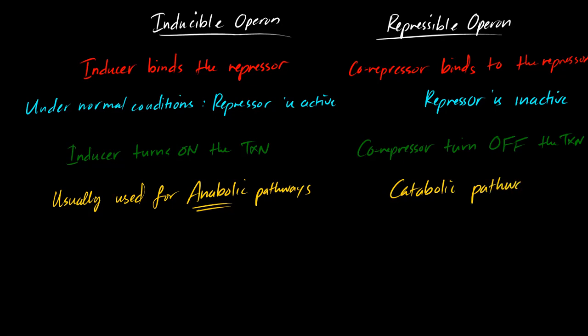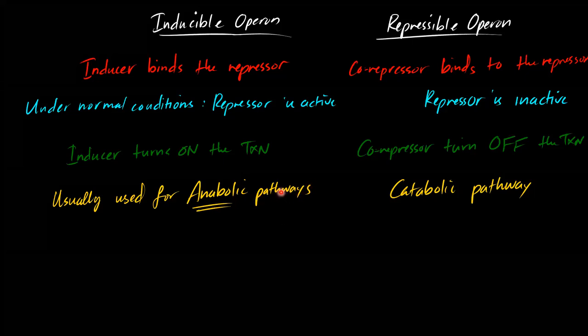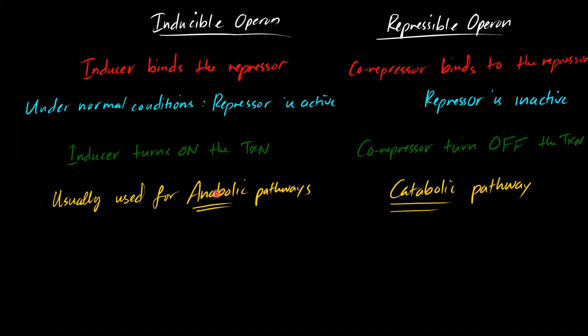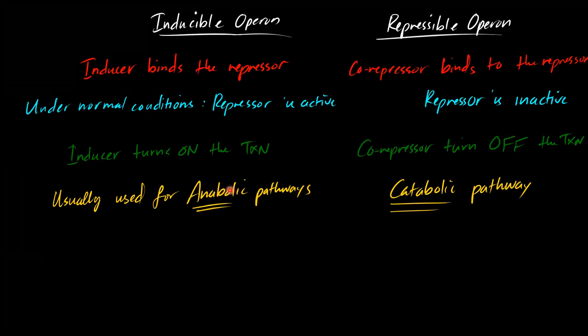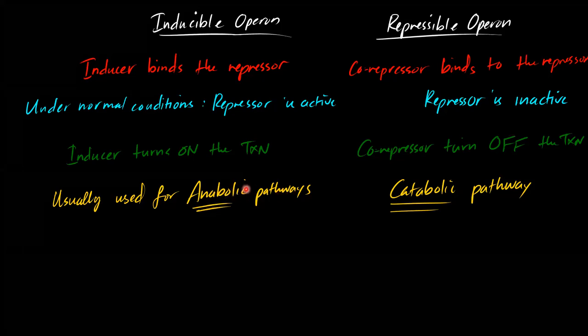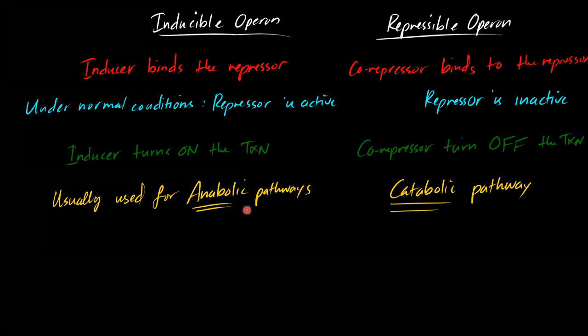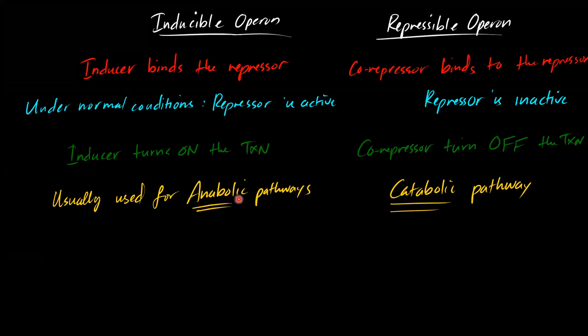So a pathway is simply a number of consecutive chemical reactions that are important for the biosynthesis or the degradation of molecules. So anabolic and catabolic.